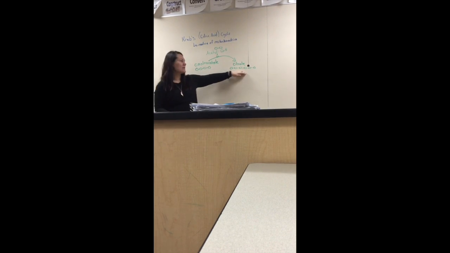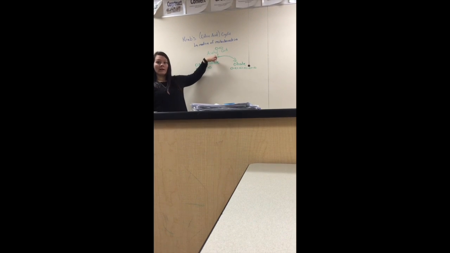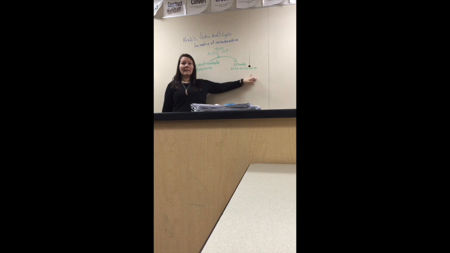So where's the citrate getting this potential energy from? What's being combined with the citrate to give it more potential energy than oxaloacetate? Yeah, say it. The acetyl. Right? So the acetyl is binding with this oxaloacetate, making this a higher potential energy molecule.